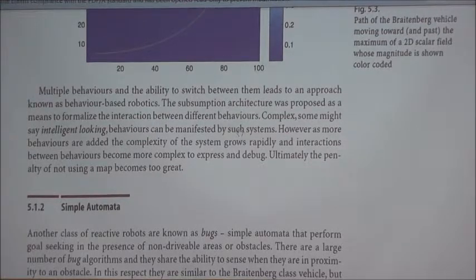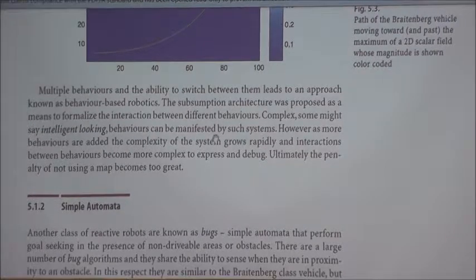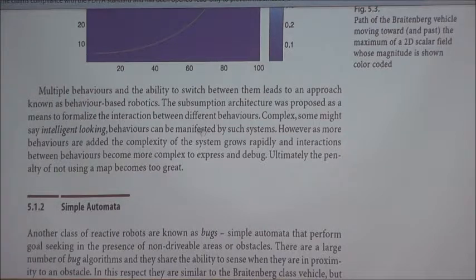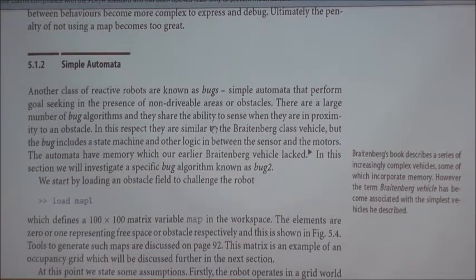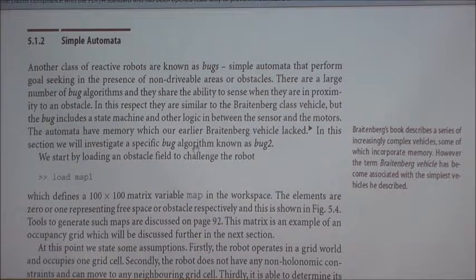And some might say intelligent-looking complex behaviors can be manifested by such systems. Another class of simple automata for mobile robotics is another class of reactive robot known as bugs.